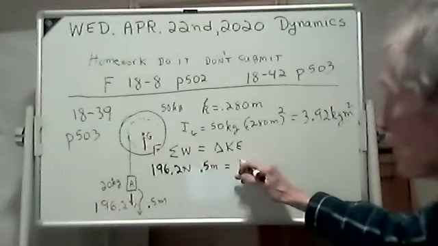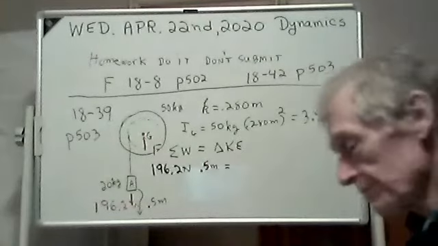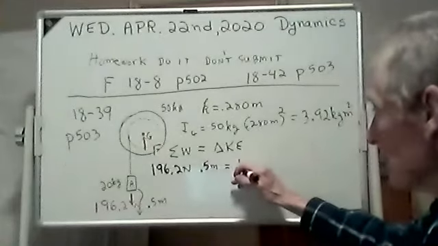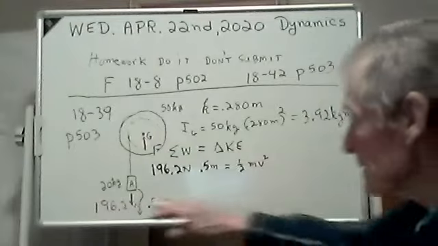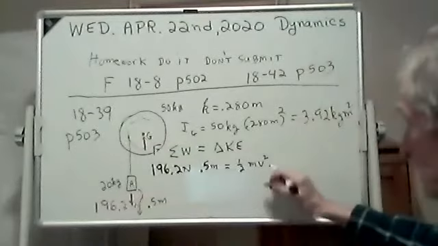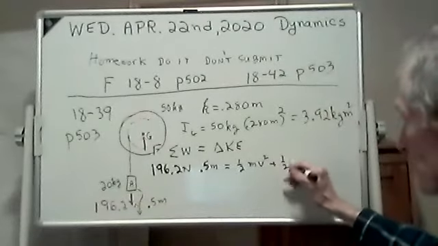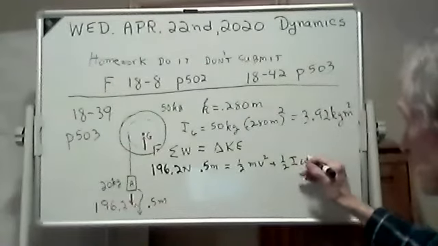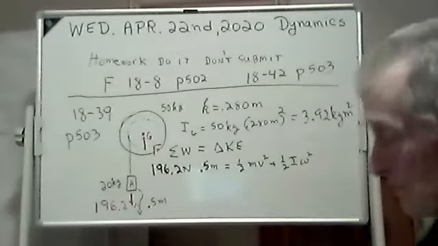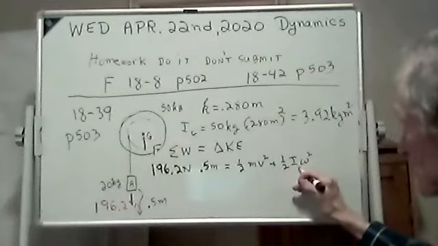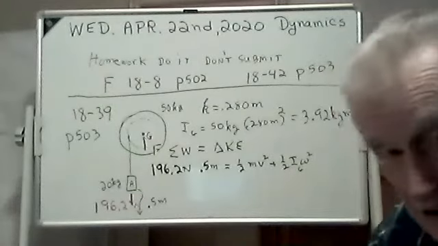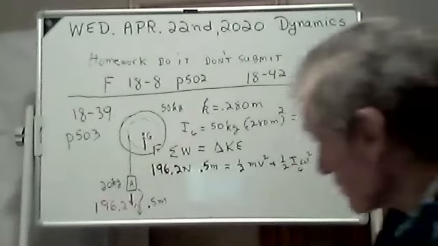And it's going to equal, now watch it, you're going to have a 1/2 mv squared linear kinetic energy plus a 1/2 I omega squared rotational kinetic energy.